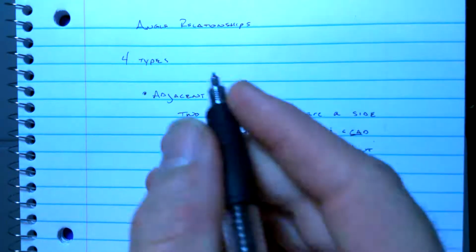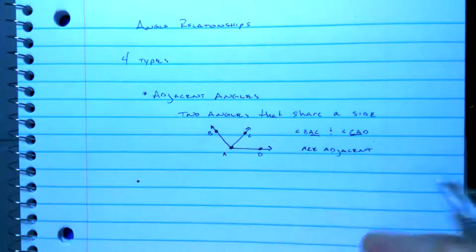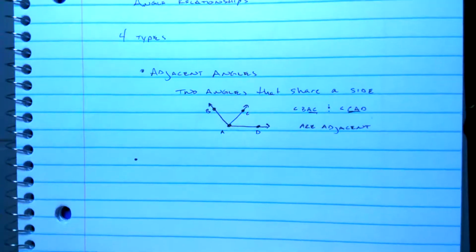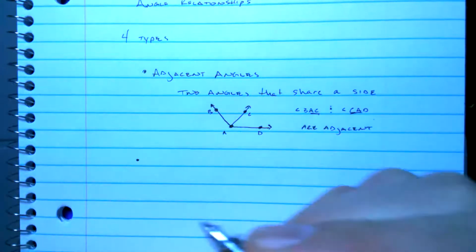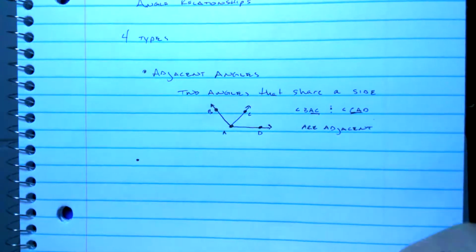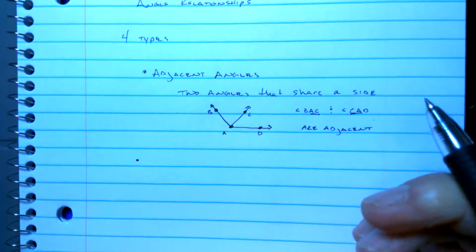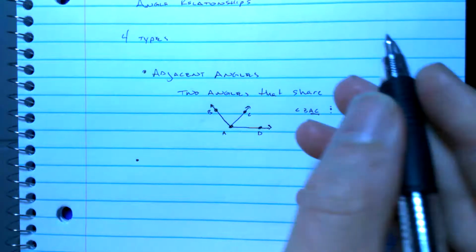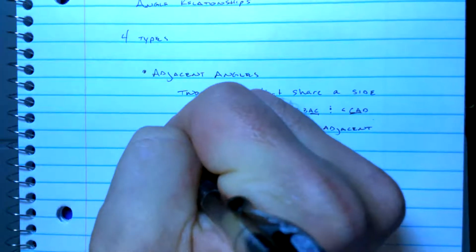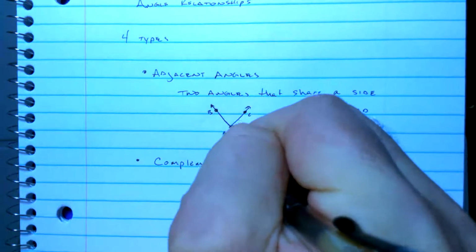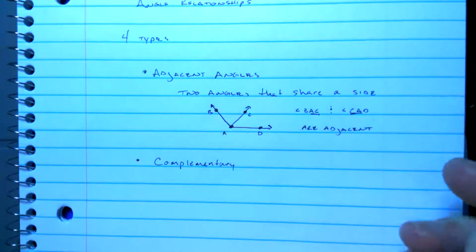Our next relationship is going to be within adjacent angles. These do share, or possibly share, a common side, and that's going to be complementary. I'm going to put a star right here next to this one.